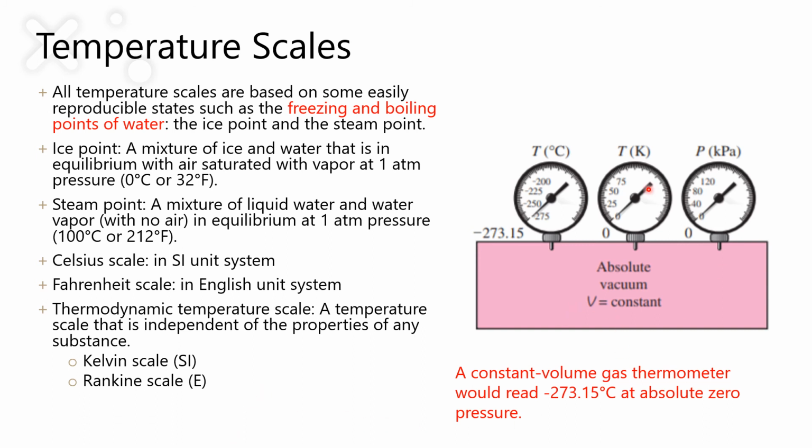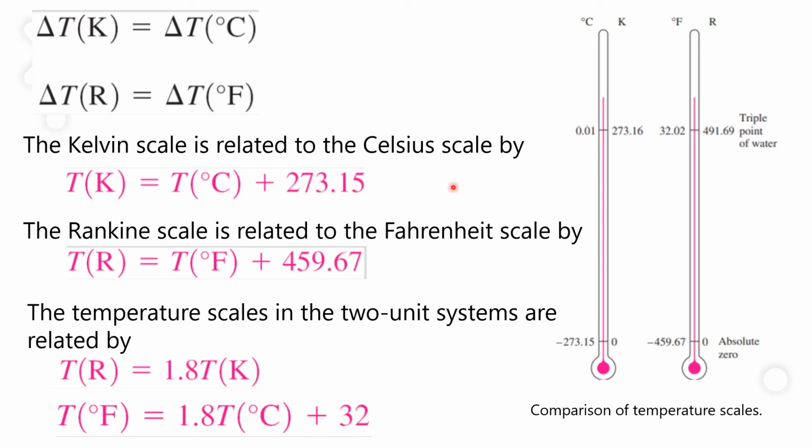Take a look at this figure. A constant volume gas thermometer would read negative 273 degrees Celsius at absolute zero pressure. In SI units, the temperature scale Celsius is equivalent to the thermodynamic temperature scale Kelvin, while in English units, the temperature scale Fahrenheit is equivalent to the thermodynamic temperature scale Rankine.